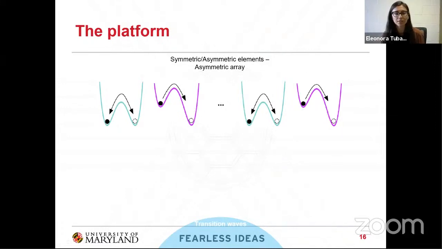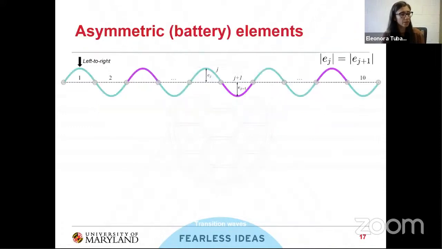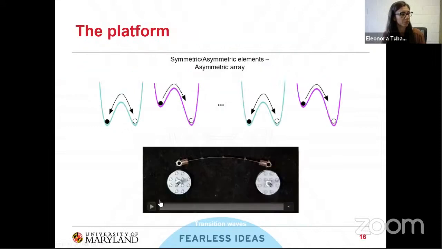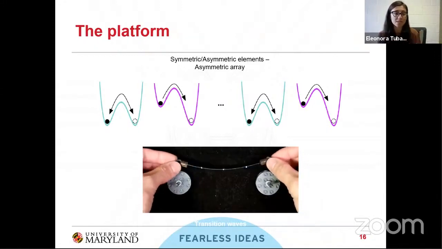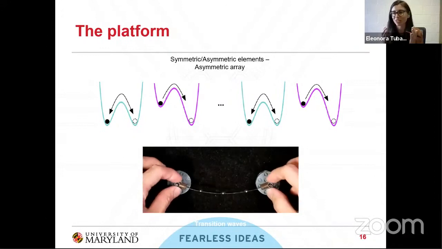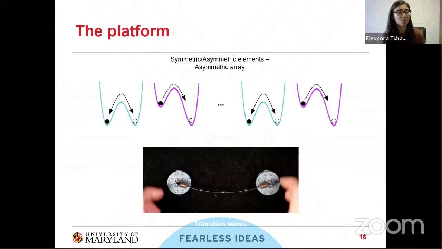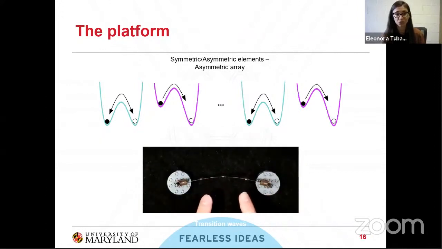So how do we make the element with the asymmetric energy wells? The way we do it is that we plastically deform it, so that the arch is already in a formed state. So it's not a beam anymore, but it's plastically deformed into one configuration. And then we set it in its higher energy well.